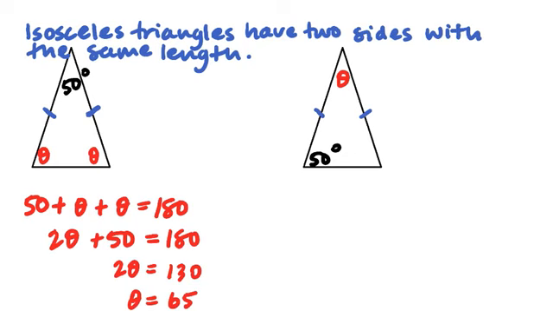This other one on the right, you would have to say, okay, well, this is an isosceles triangle, meaning the lower right angle has to be 50 degrees. I'm not sure if that's right.